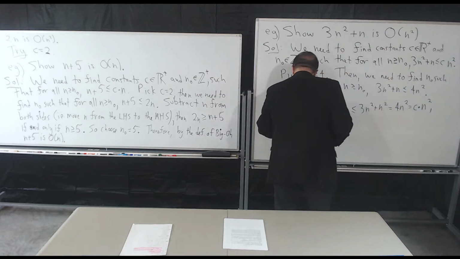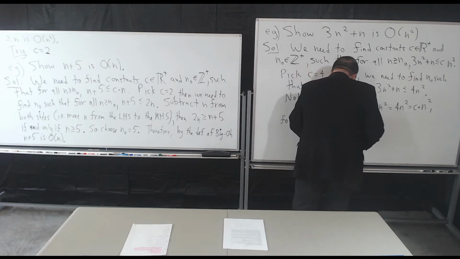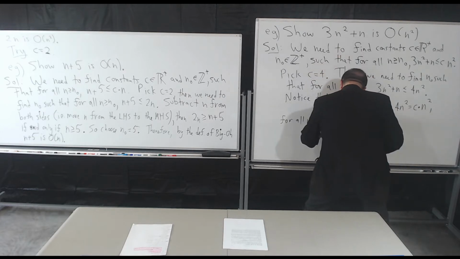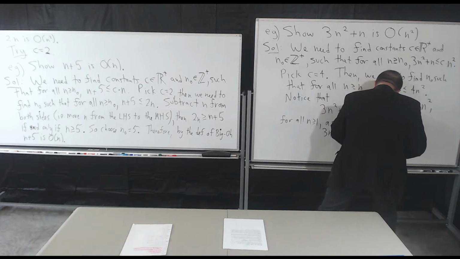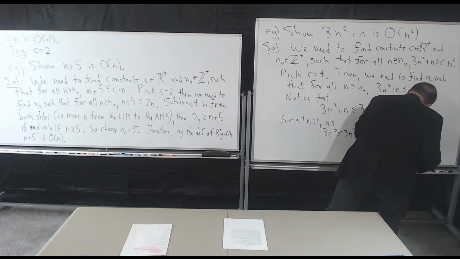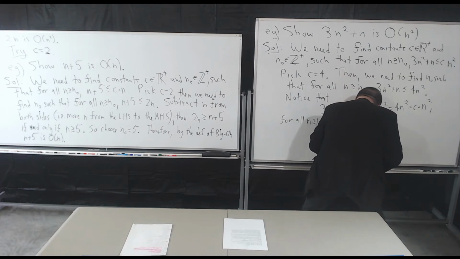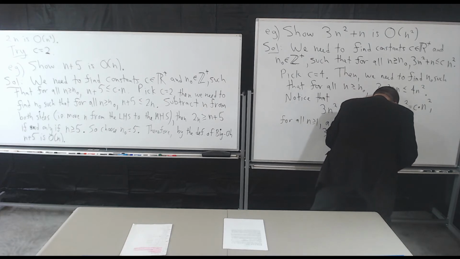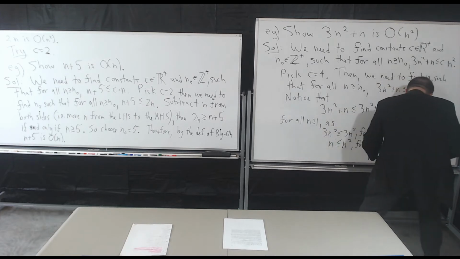For all n greater or equal to 1, as the following. 3n squared is less than or equal to 3n squared for all n greater or equal to 1. And n is less than or equal to n squared for all n greater or equal to 1, right?